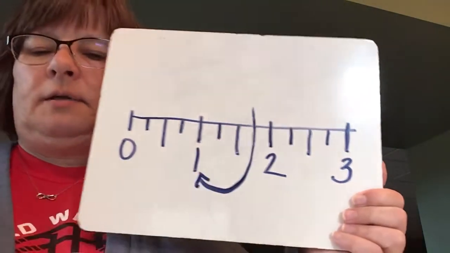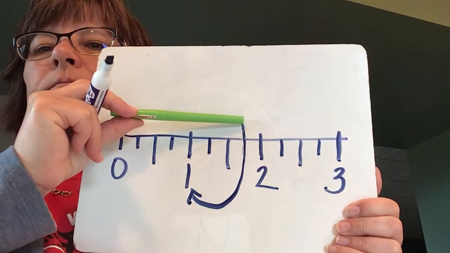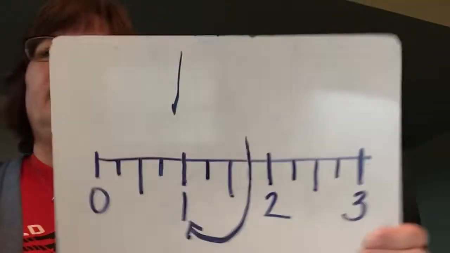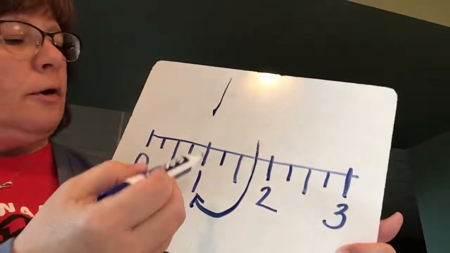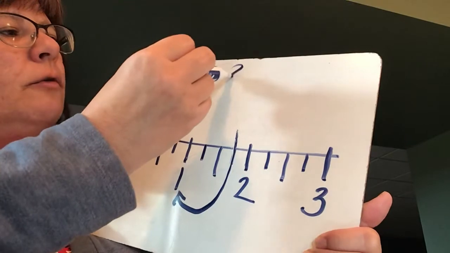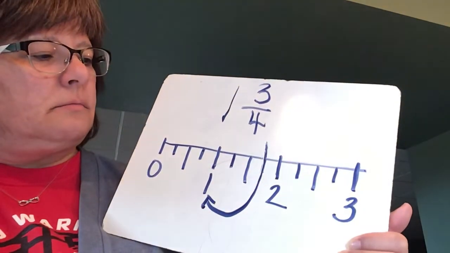Because this one isn't getting to the 2. So the last hole we had was 1. So we know our fraction is going to be 1, and we know these are 1/4 inches. 1/4, 2/4, 3/4. I thought that little hook was a good idea.